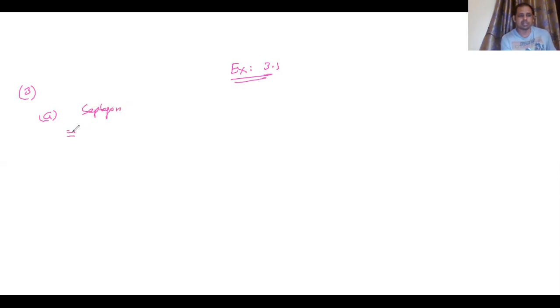Septagon means n equals 7. Therefore, number of diagonals equals 7 into 7 minus 3 upon 2. That means 7 into 4 upon 2. That means 7 times 2, which is 14. 14 diagonals.